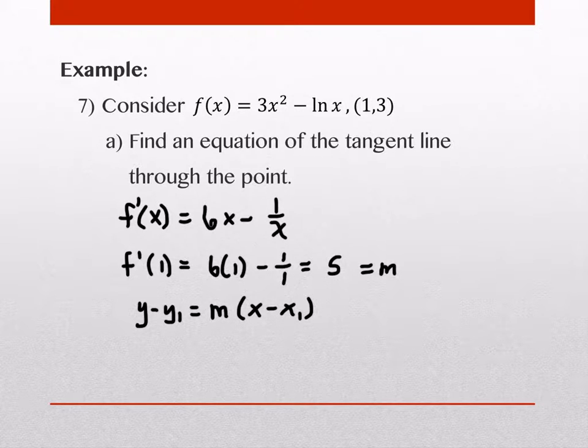So this would be y minus the y value that was given, which was 3, equals the slope we just found, 5, times x minus the x value given, which was 1. All right, so if we clean up and simplify this, we get y equals 5x, and then we'd have 5 times -1 would be -5, plus the 3 on the other side would make it -2.